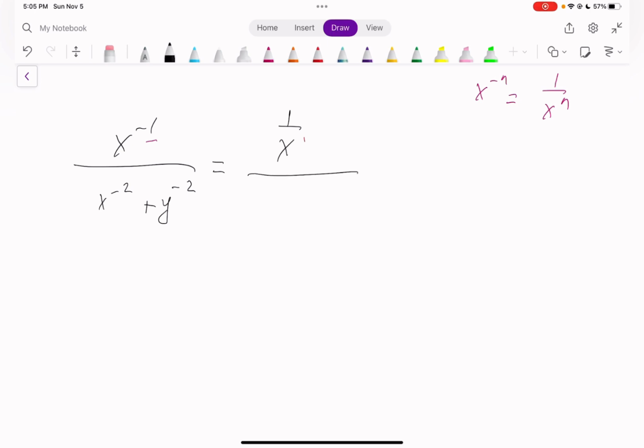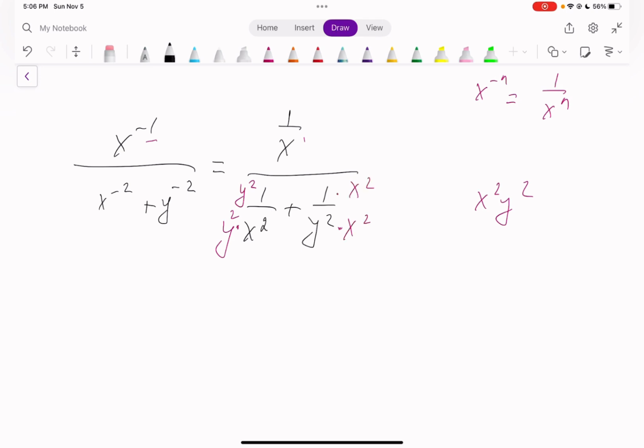Next, here it's going to be 1 over x to power positive 2, 1 over y to power positive 2. In first fraction, in numerator, there is nothing to change. Second, I have addition of two fractions, and the denominator will be x squared y squared, right? Which means, let me write down x squared y squared, which means this one I have to multiply y squared and y squared. Here I have to multiply x squared and x squared.